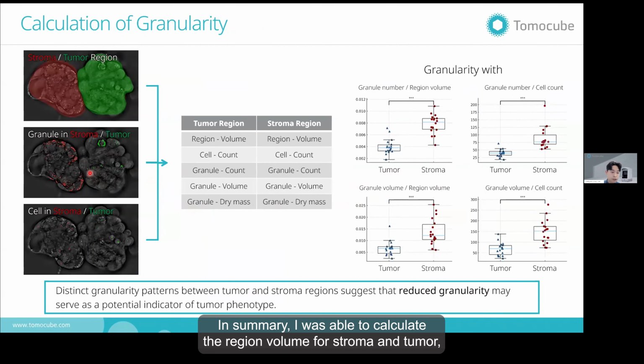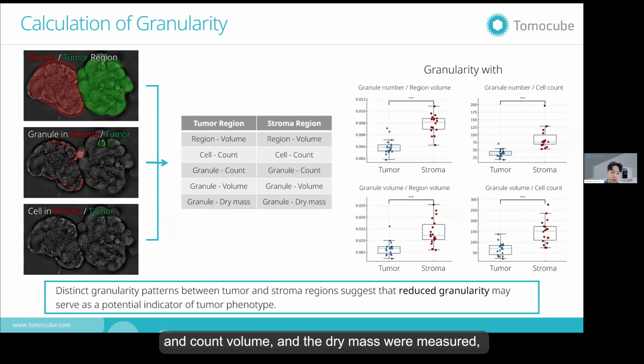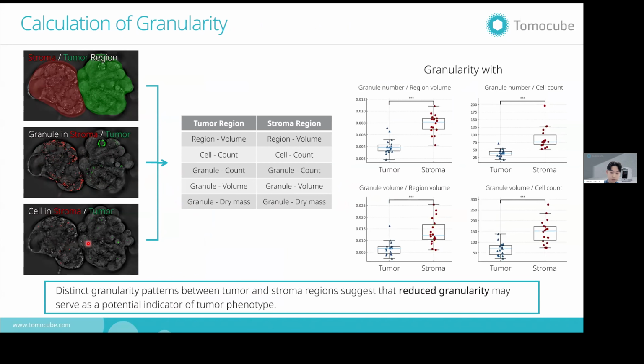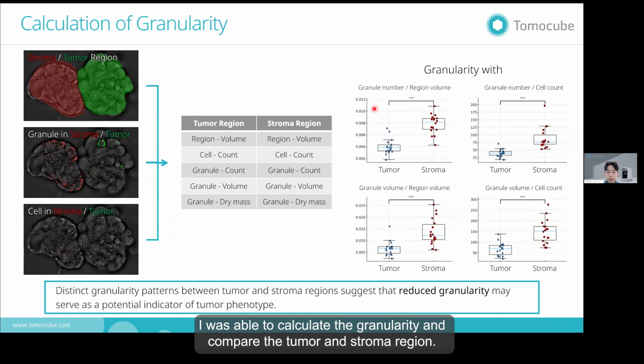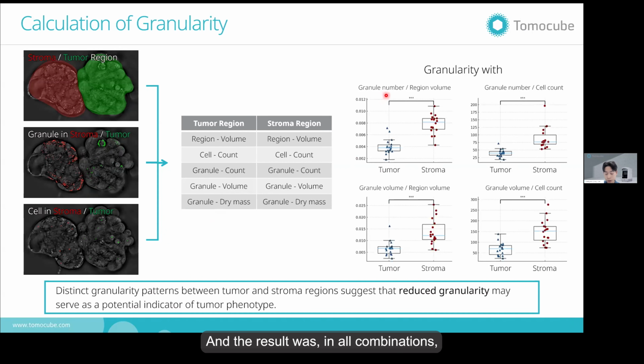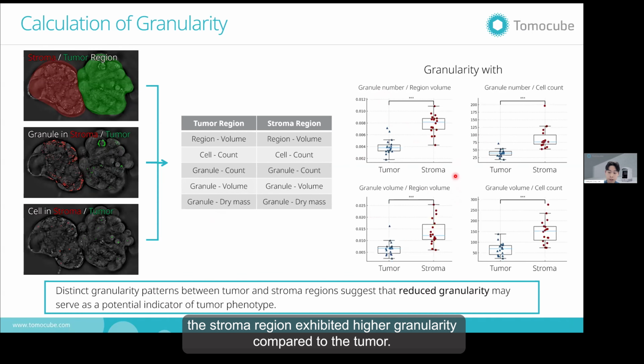In summary, I was able to calculate the region volume for stroma and tumor, and the count, volume and dry mass were measured for the granules, as well as the counting of the cells. By combining these features, I was able to calculate the granularity and compare the tumor and stroma regions. The result was that in all combinations, the stroma region exhibited higher granularity compared to the tumor.